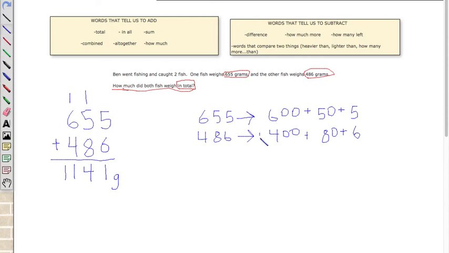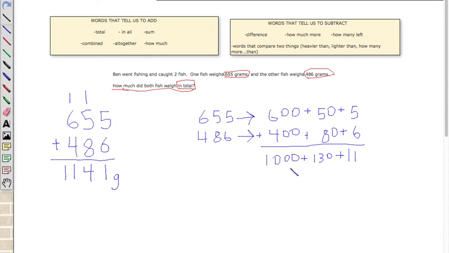And now if I wanted to take just those values alone and add these values up, I would have 1,000 plus 130 plus 11. And that might be a little bit easier now to do with mental math.